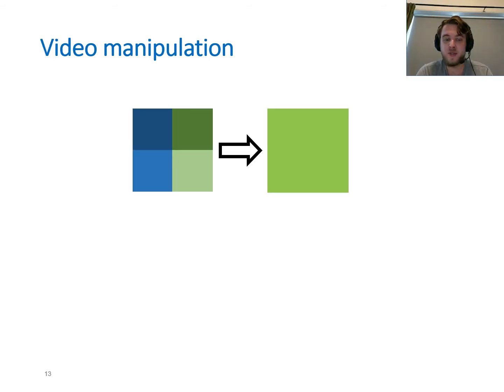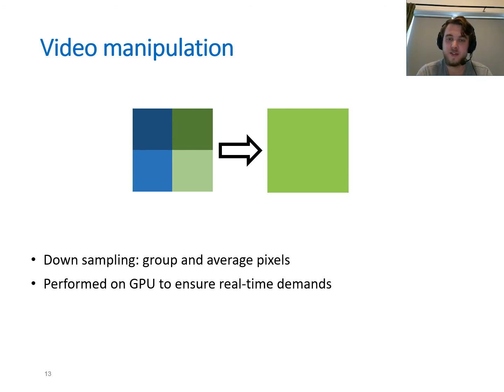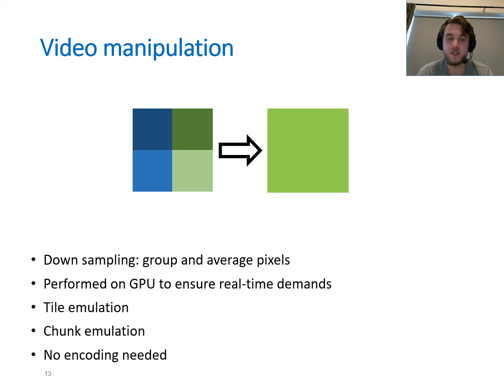The video manipulation of the emulator uses downsampling to group and average the pixels, as can be seen in the figure. This is performed on a GPU to ensure the real-time demands on the emulator. It also emulates the tiles, so there's no splitting of the video files, as well as the chunks, to again avoid splitting the video files. And no encoding is needed as the downscaling is done in real time.